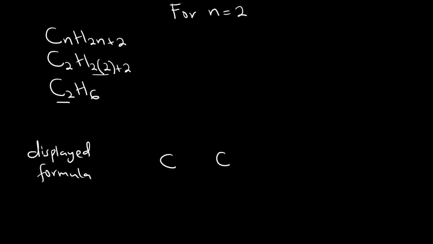So if you look at these 2 carbon atoms present in this formula here, C2, we have the 2 carbon atoms, 1, 2. We shall realize that we have to form a bond between these 2 carbon atoms, and it should be a single bond, which is represented by our dash. And then we have 6 hydrogen atoms left.